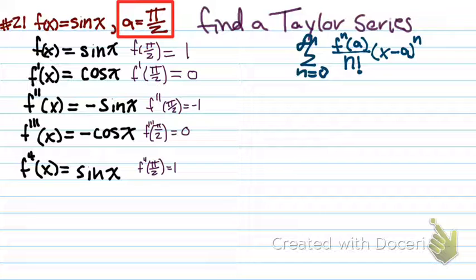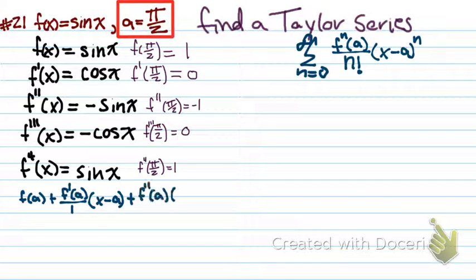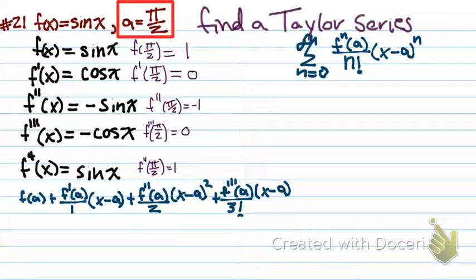I think we have enough to trot out some terms to see if we can find the general term for this Taylor series. If I expand out my Taylor series, I'm just trotting out those terms so I can plug the derivatives in where they need to go.